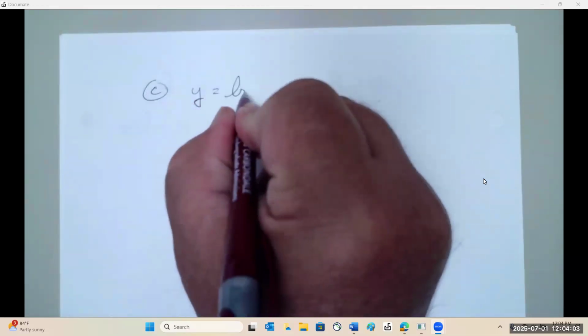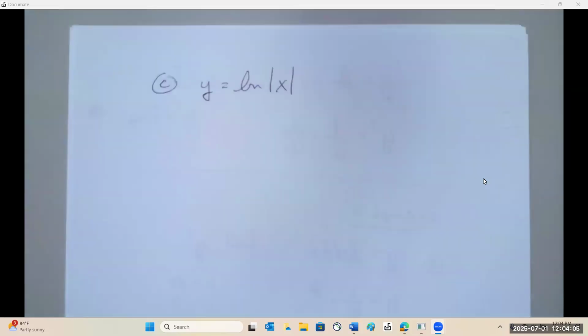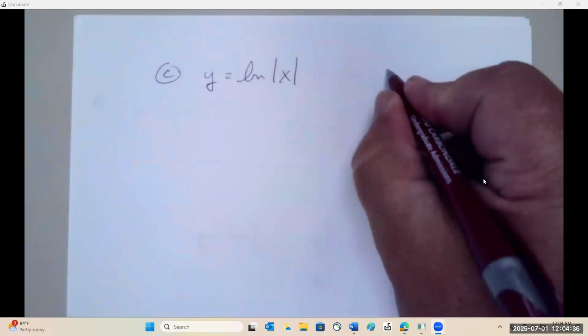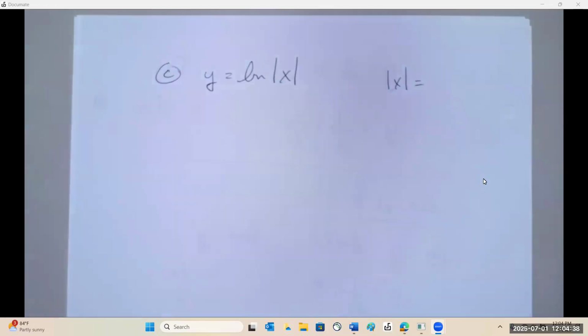Y equals ln absolute value of x. We talked about it some time ago, but does anybody remember the derivative of absolute value of x? How would you write the absolute value of x in an algebraic formula?